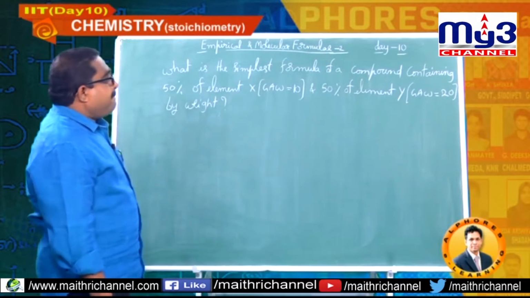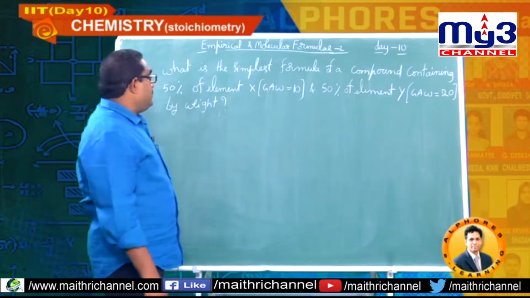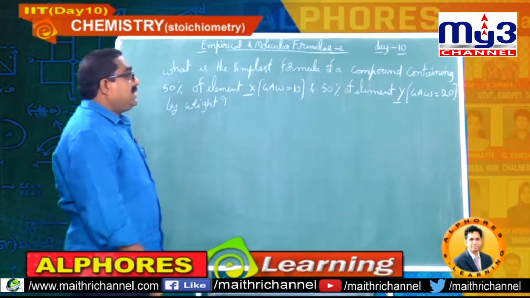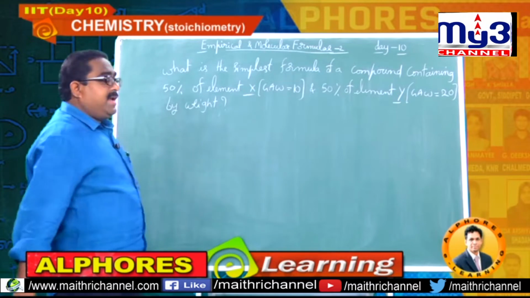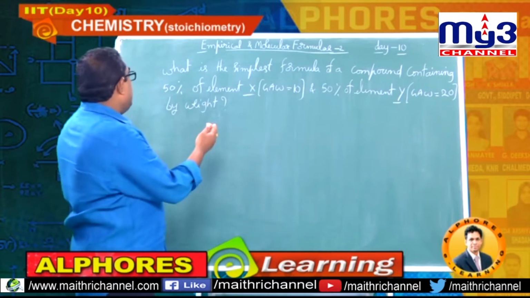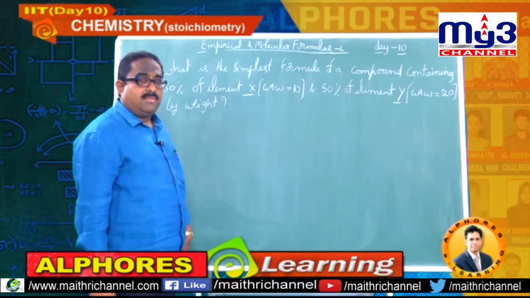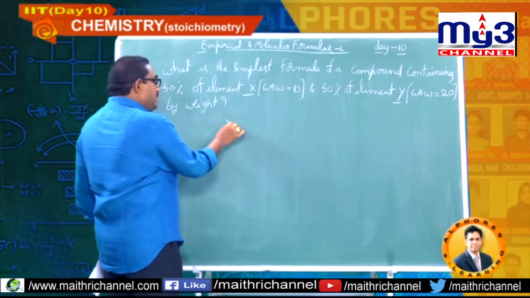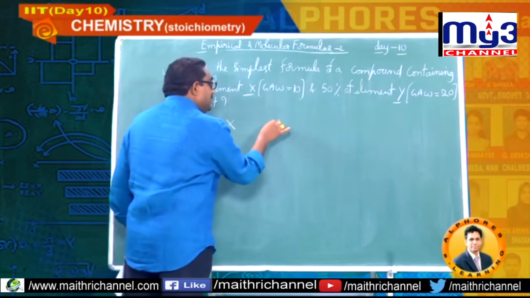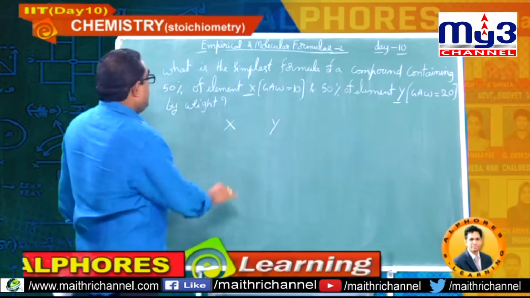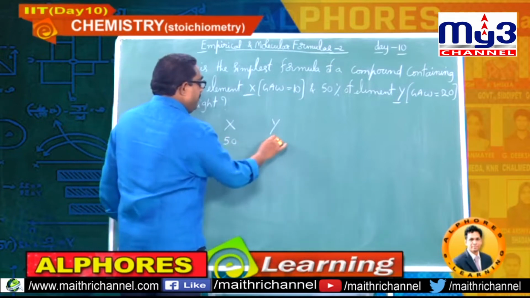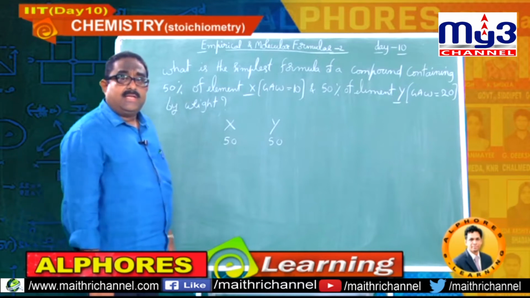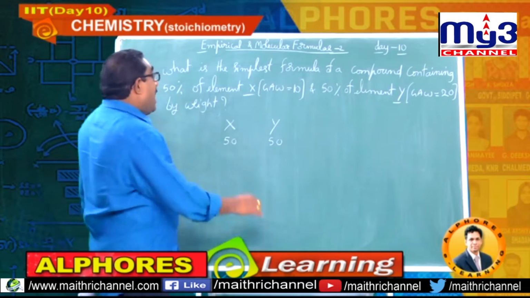He has given the mass percentages of two elements X and Y in the compound, and also given atomic masses. You should find the simplest formula, nothing but the empirical formula of the compound. As usual, very simple; yesterday we discussed this. X and Y percentages are 50-50. First we have to divide the percentage masses by the atomic masses.